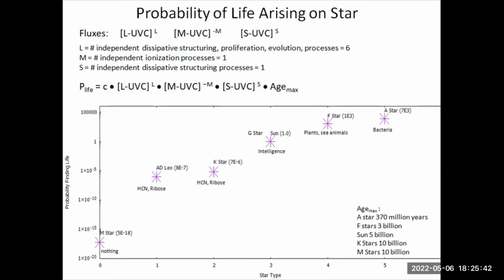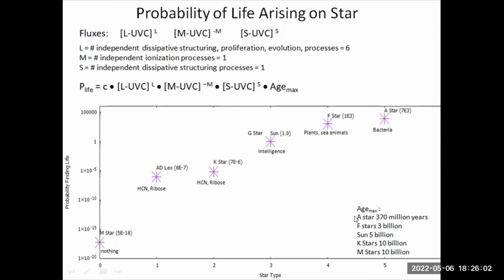So, for example, on A-type stars, even though the probability of finding life may be high, it has a very short lifetime, only 370 million years. So we might be lucky if we find bacteria on a planet of such a star.